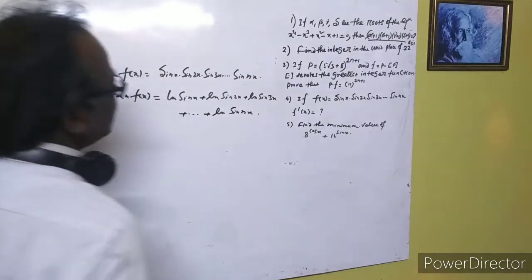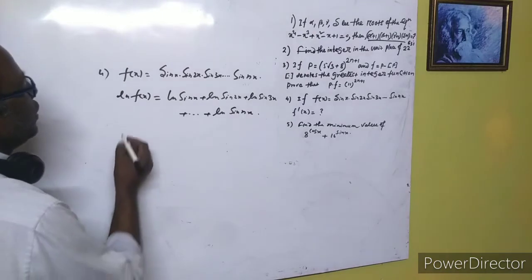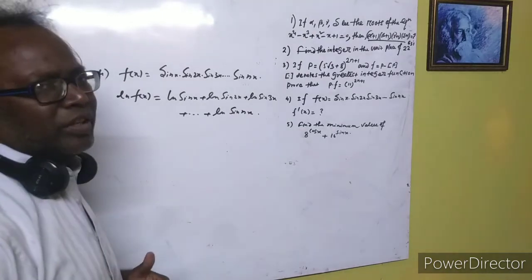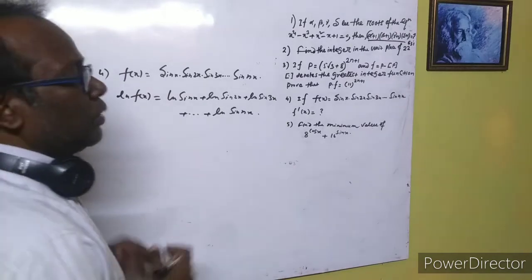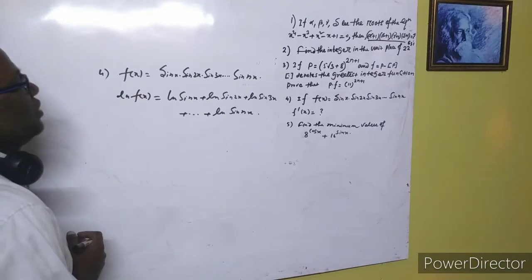Students, ln means the logarithm with base e. As we want to differentiate, the base is always e, so we take a logarithm with base e.